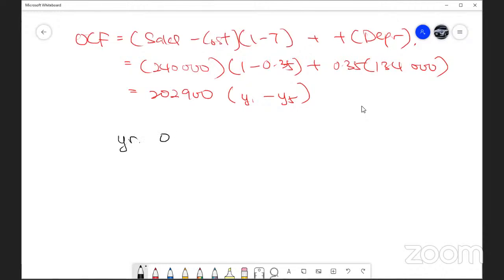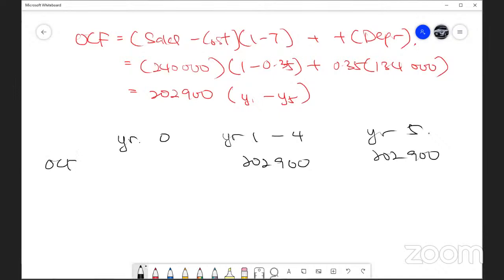Year 0, year 1 to 4, and year 5. So all these 4 years in between have the same 202,900. Year 5, because you take into consideration the working capital. They tell you that if you invest in this project, you will be able to reduce working capital by $85,000. So this one is a bit opposite.